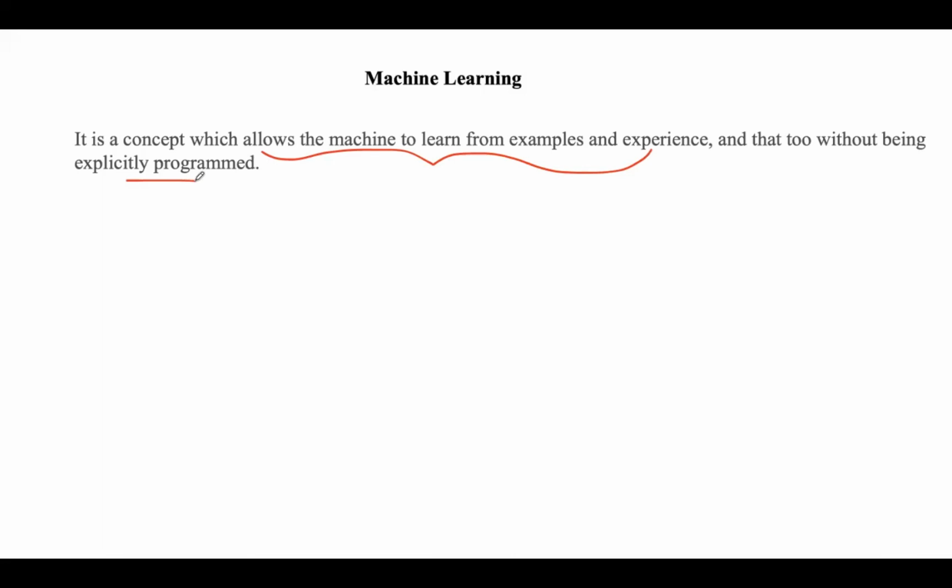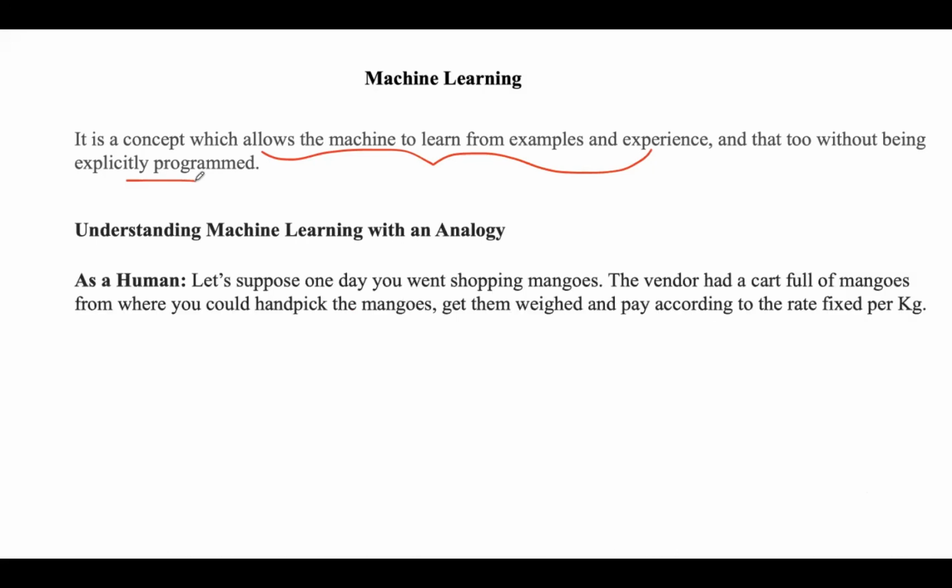So let us try to understand machine learning with an analogy. Assume that you went to a supermarket in order to purchase mangoes, and the vendor had a cart full of mangoes, and your task is to pick mangoes from that cart, get them weighed and pay according to the rate fixed per kg.